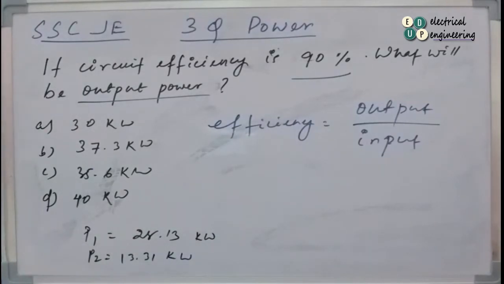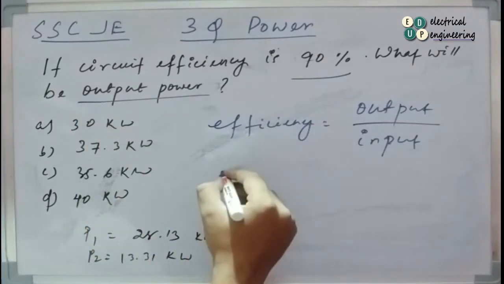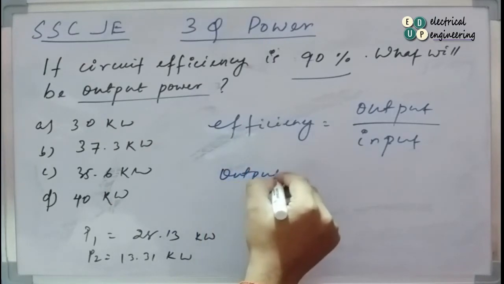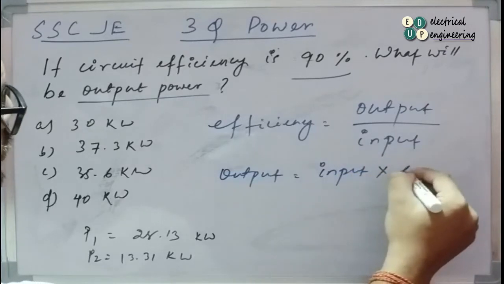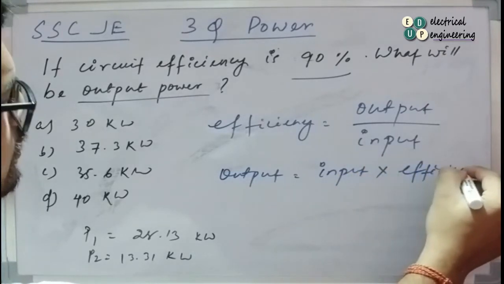So you are going to use this data here. Efficiency is output divided by input. It is asking about output power. So output power will be input power into efficiency.